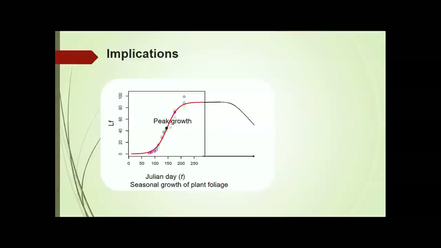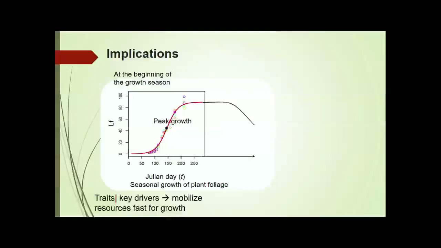And from all the study, we can say what exactly happened during the whole seasonal growth. This is the peak growth. Before that, at the beginning of the growth, what is the driver of the growth? The traits which can mobilize the resource for fast growth, like the storage organ.